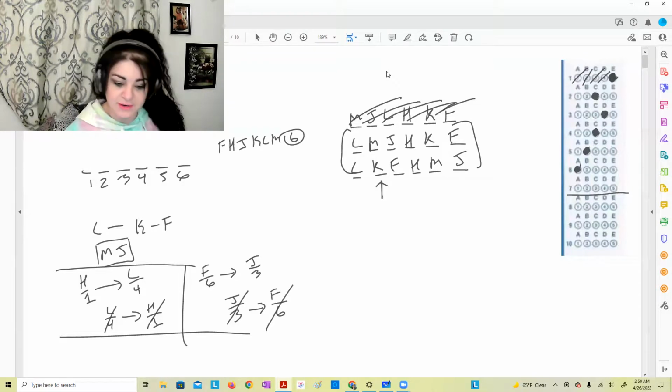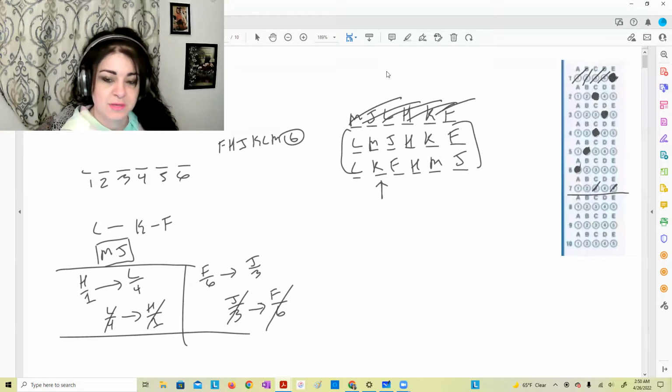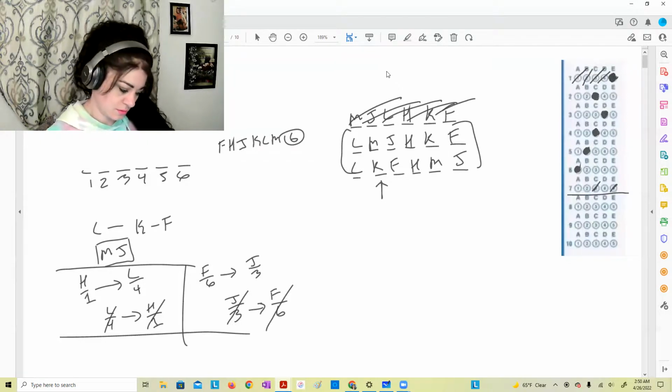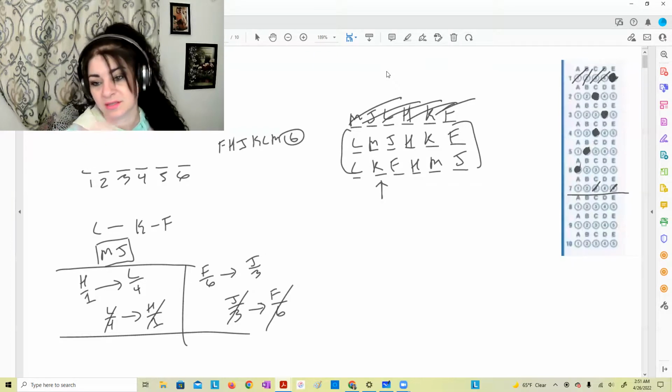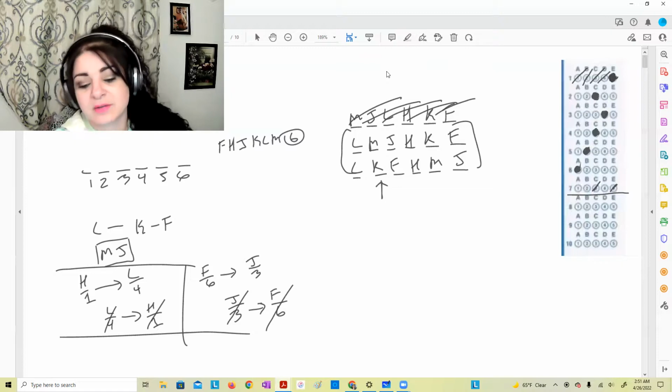I know that M and K both can be, so I can get rid of E and C. Anything else? What about the correct answer to the first one also had M in second, so that doesn't give me any new information, but at least got rid of a couple of things using my previous work.